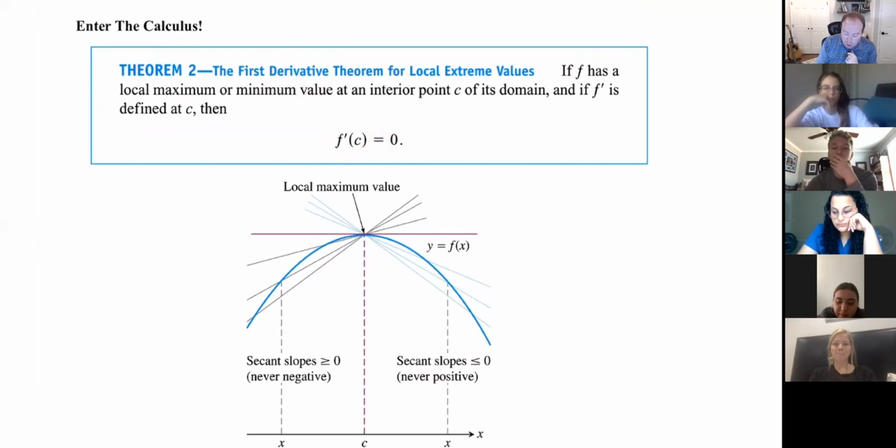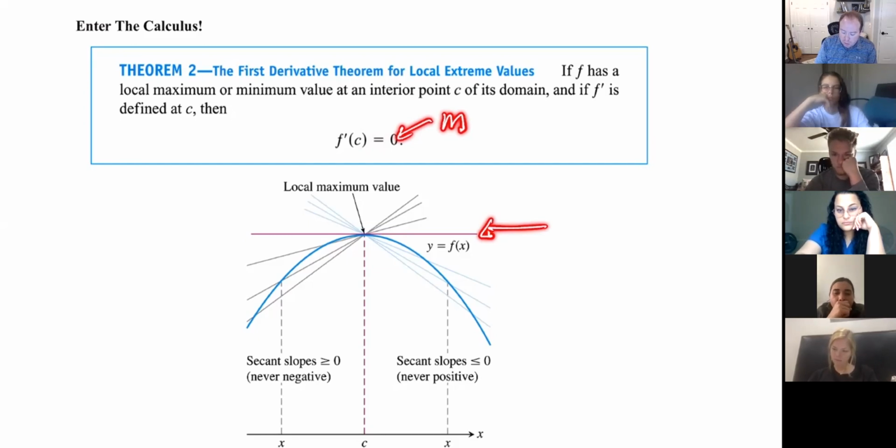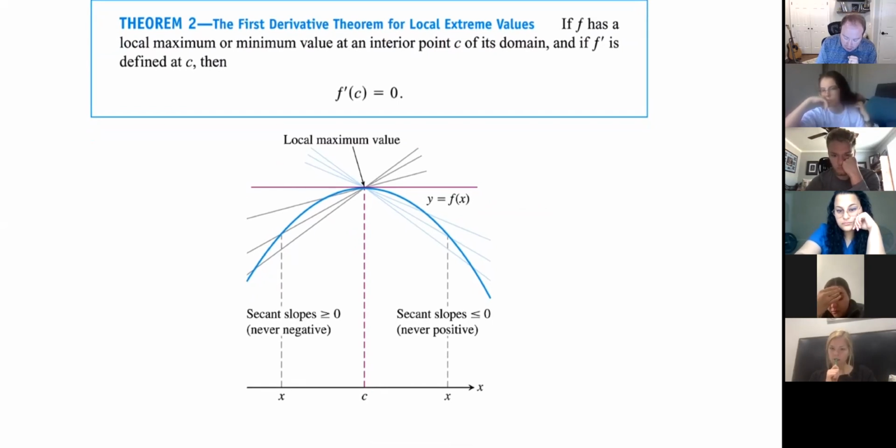Remember that this is the slope of the tangent line. So what does a line that has a slope of 0 look like? It's horizontal. So f prime of C equals 0 is saying when we make the tangent line at x equals C, it is going to be horizontal.